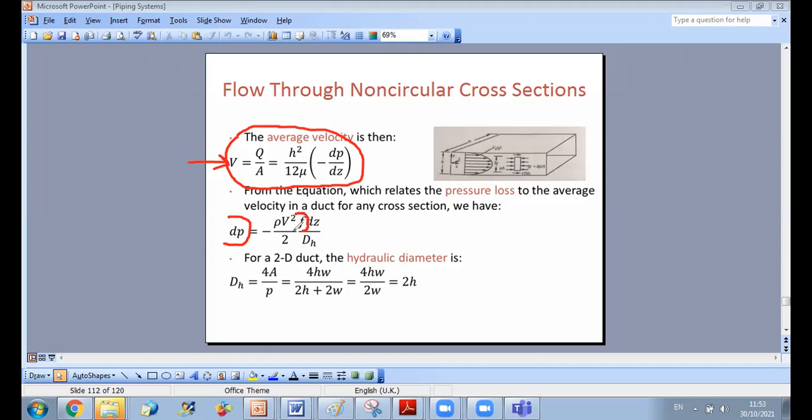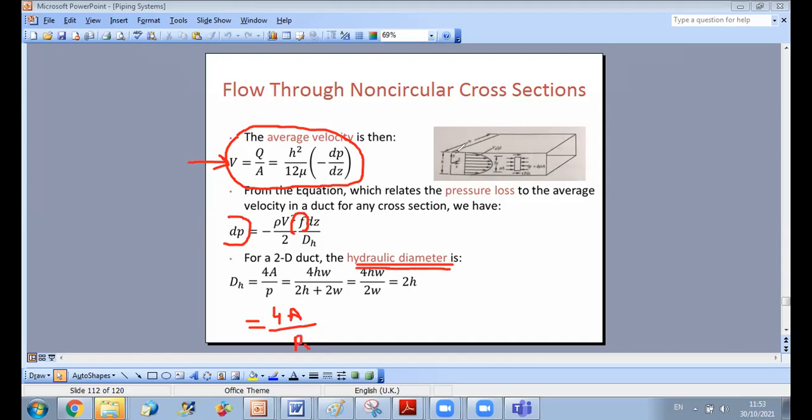Okay, and then by replacing in the expression and using that for a 2D duct, the hydraulic diameter as usual. How do we get the hydraulic diameter? By definition, the hydraulic diameter is 4 times the cross-sectional area of the flow over the wetted perimeter. Okay?